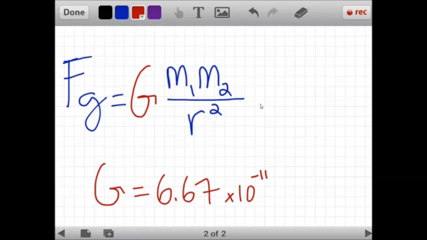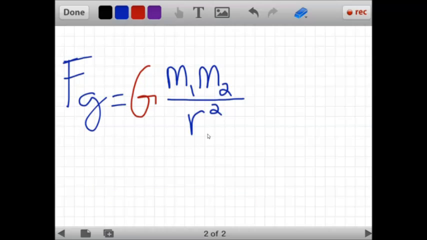So when you use this equation, you have to put in this number for G. This mass will be in kilograms, this mass will be in kilograms, this will be in meters. G will always be 6.67 times 10 to the negative 11, no matter what you're doing with this equation. It's always this number.